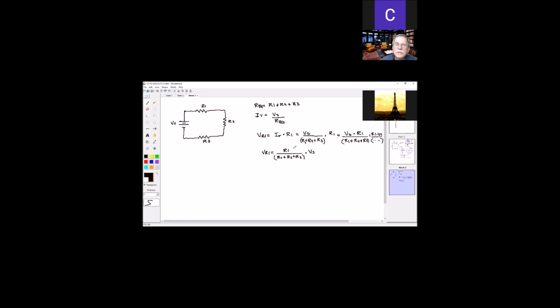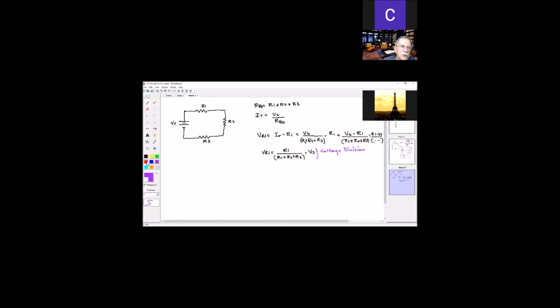All right. This is called voltage division. And it's a one-step approach to solving for the voltage across a resistor in a series circuit.